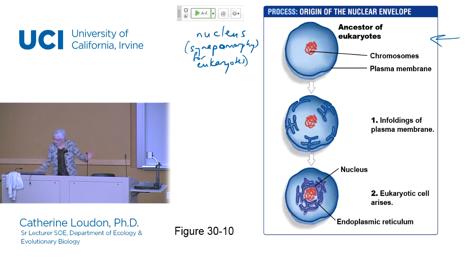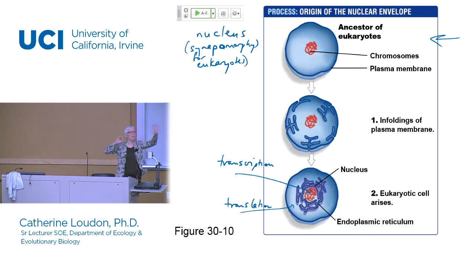Okay, so this then occurred presumably a very long time ago, and it is thought that the potential advantage of such separation is that we now have two compartments, right? We have the inside and we have the outside. And so, in fact, now transcription and the processes associated with transcription and control of gene expression can now be completely separated from the processes of translation because they're separated from each other by a membranous boundary.